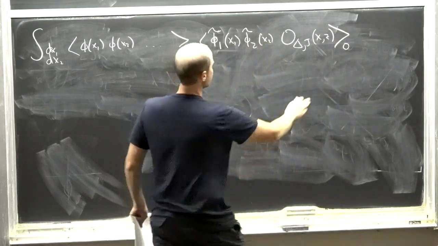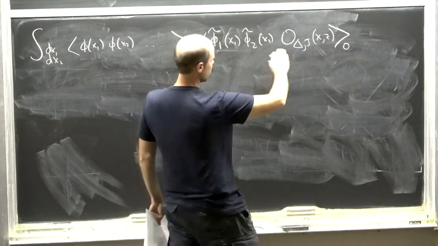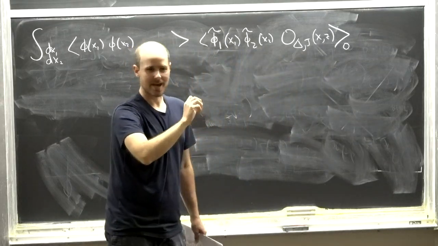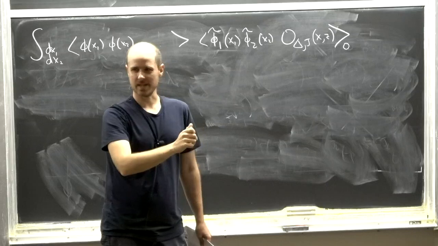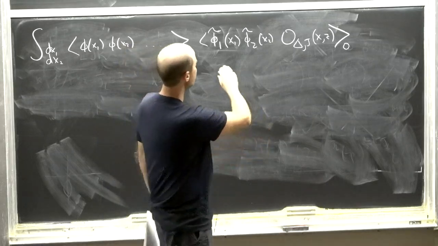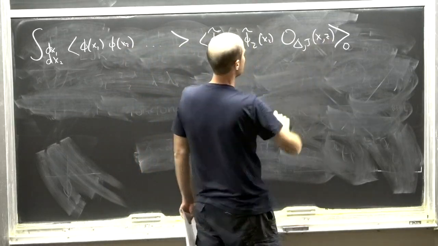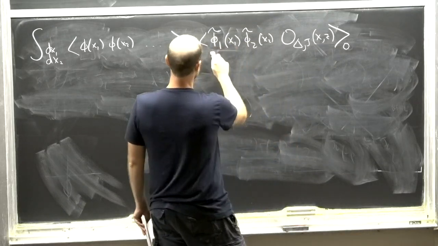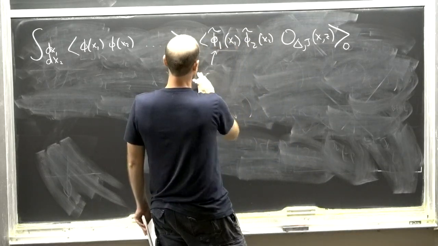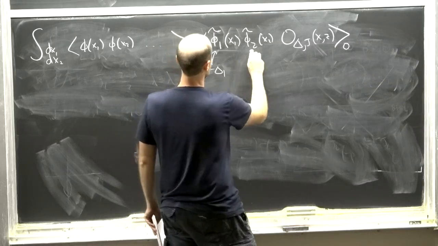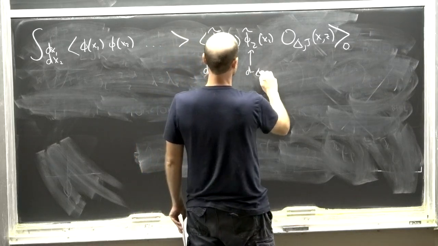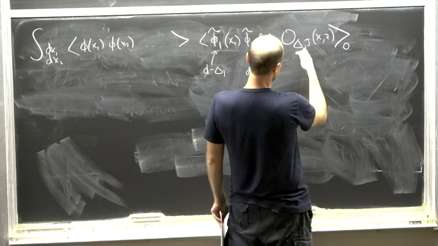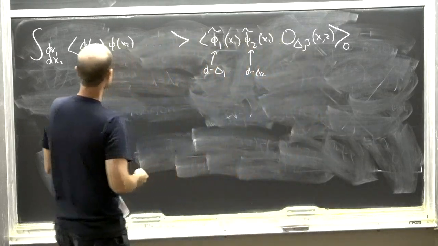What I mean by this 0 subscript is that this is just a conformally invariant tensor structure. There's a unique one, and I just mean that function. You go look it up in a textbook, and that's the function I mean here. It's not a physical correlator. And these are various fictitious operators with different quantum numbers. These twiddled operators have dimension d minus delta 1 and d minus delta 2, the so-called shadow dimensions. And this is just a fictitious operator with dimension delta and spin j.